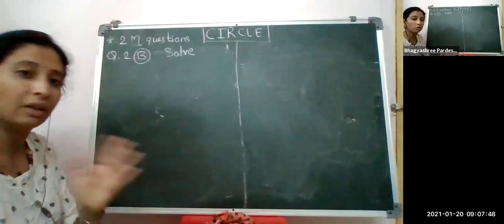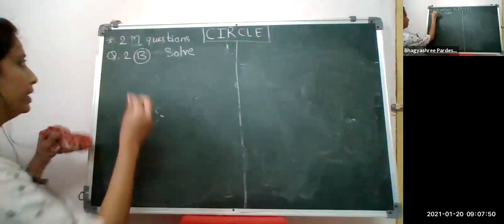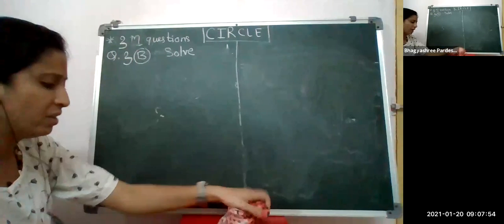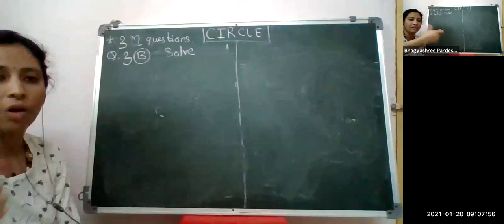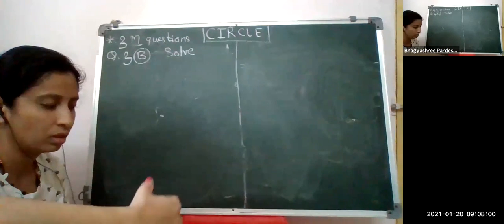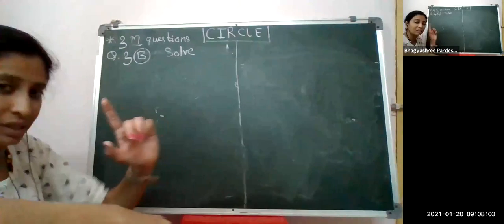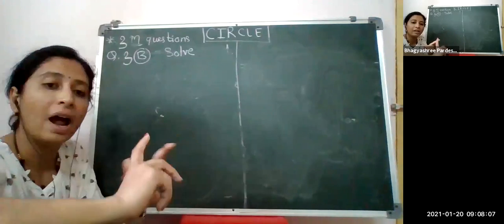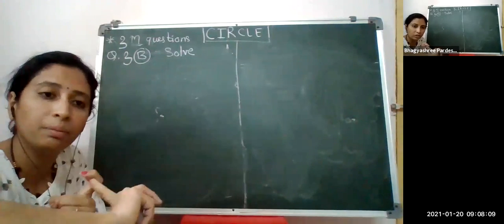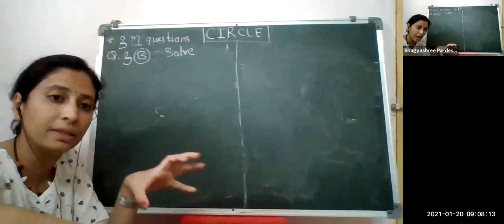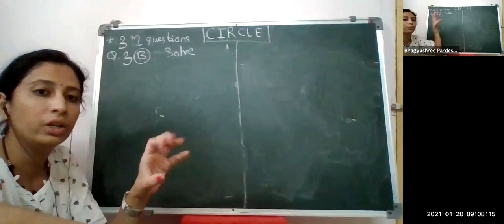Now let's move to question number 3B. Okay, now let's see a few questions of the type 3B. Remember this one, 3B. This question is actually an understanding based, concept clearing question. Whatever you are learning in a specific chapter, you have to put up all that here.